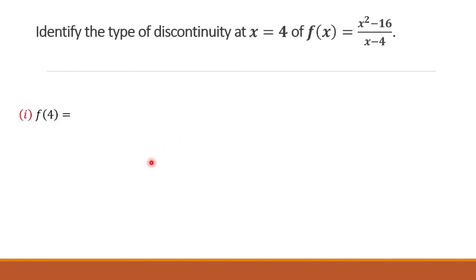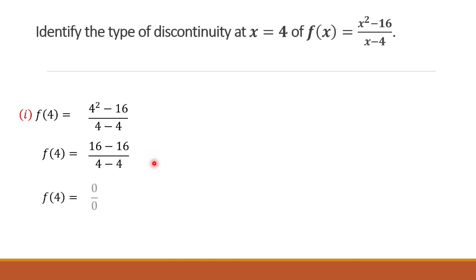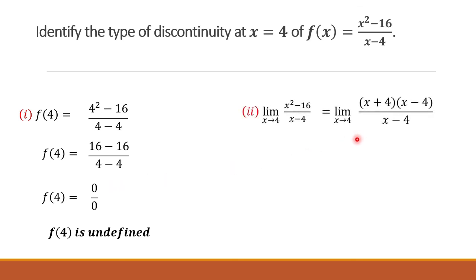So first, let us identify f of 4. By direct substitution, we have 0 over 0. Therefore, f of 4 is undefined. Since we have 0 over 0, to get the limit, we can do factoring.